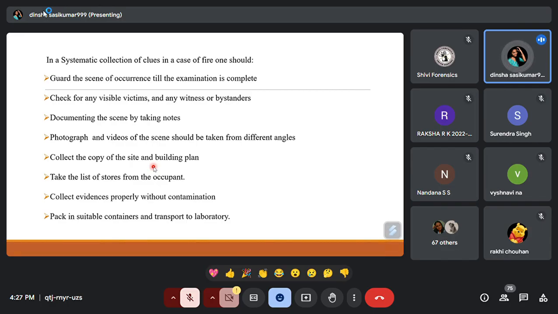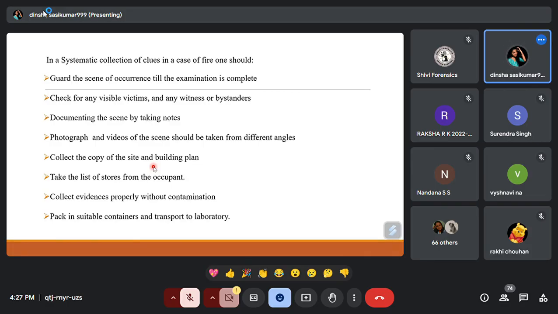The first one is to guard the scene of occurrence till the examination is complete. We know that securing the scene or cordoning the scene is very important during the investigation process, whether it is arson or any kind of crime scene. We have to guard the scene of occurrence. Then the next is to check for any visible victims and any witnesses or bystanders.